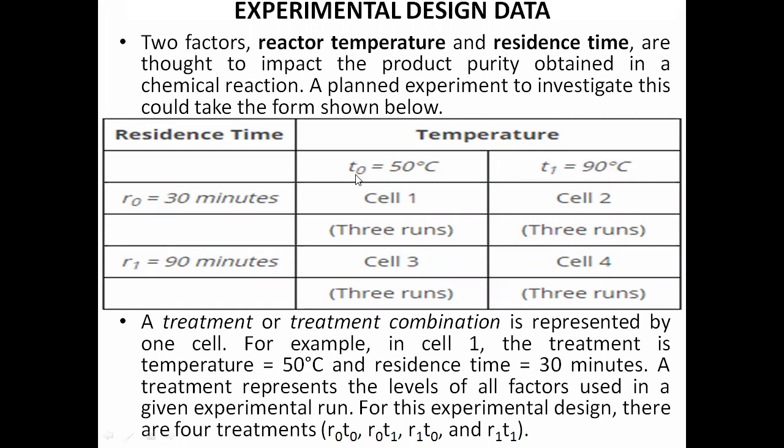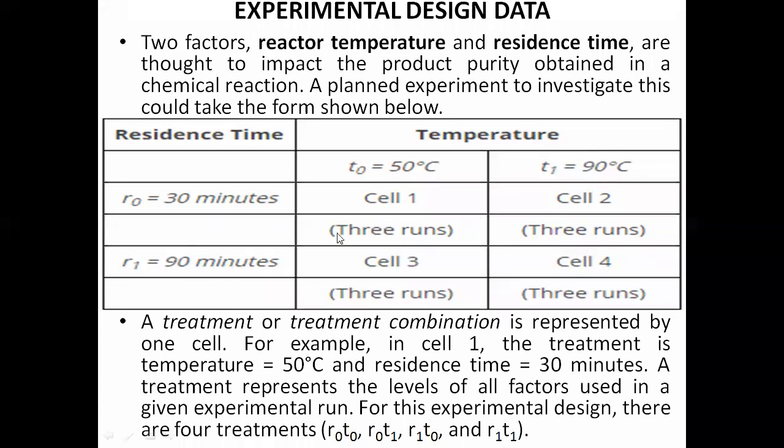Temperature T0 equal to 50 degrees centigrade in cell 1, T1 equal to 90 degrees centigrade for cell 2. Another condition, residence time R1 equal to 90 minutes. In cell 3 and cell 4 the temperatures are the same, but the time we have increased to 90 minutes. This is the first condition, second condition, third condition, fourth condition.